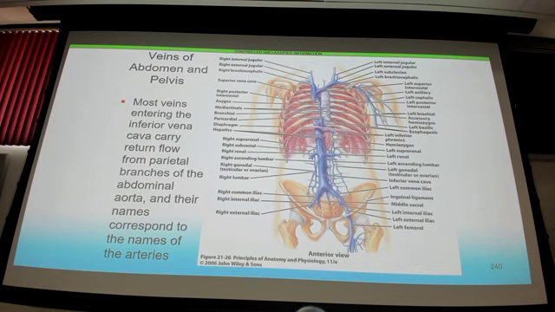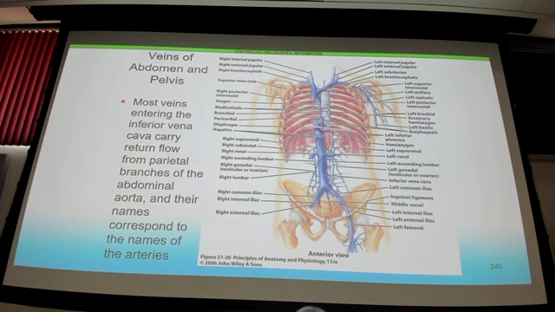So I'm going to leave it at this. Most of the veins that enter the inferior vena cava are coming from these parietal and visceral branches of the aorta. They're named the same as their arteries. That's all I'm going to say. We're not going to label them. We could, but here's what I'm trying to say. If there is a renal artery, there's a renal vein.